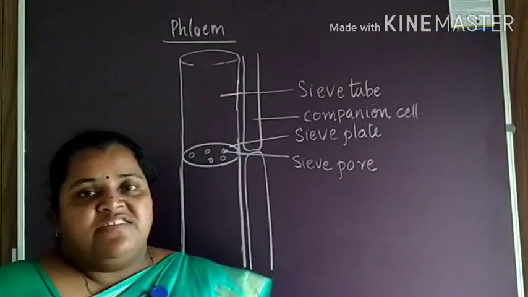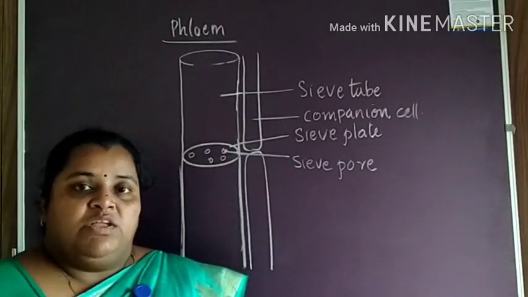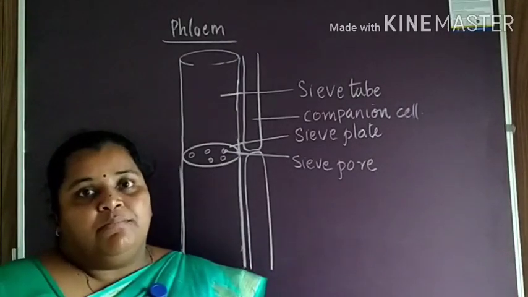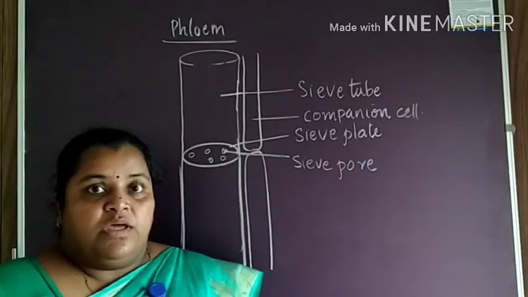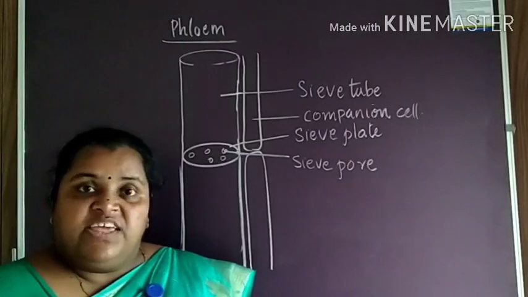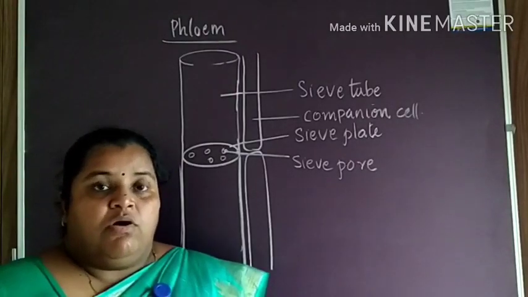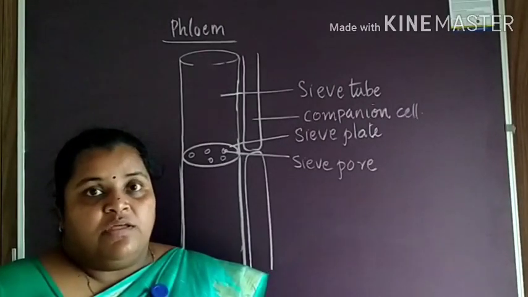Next is transportation of food through phloem. The food is transported from leaves to different parts of the plant body in the form of sucrose through sieve tube. Already we have discussed the structure of phloem.